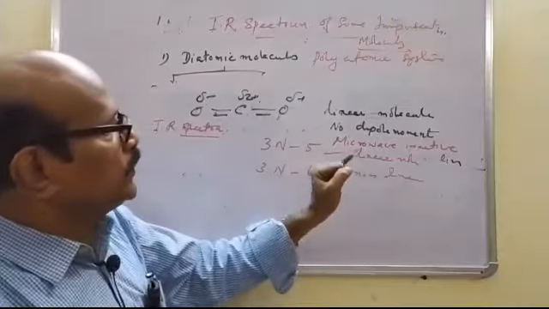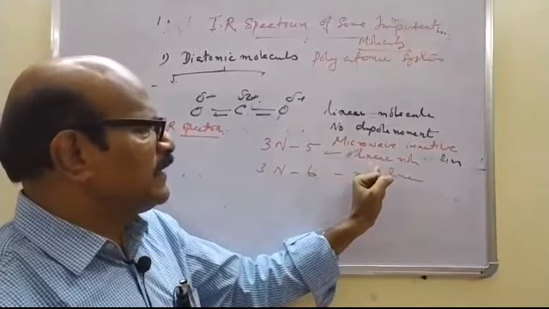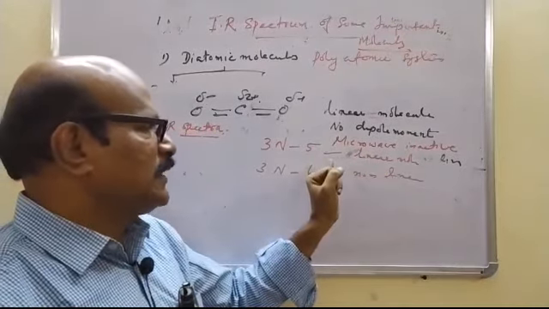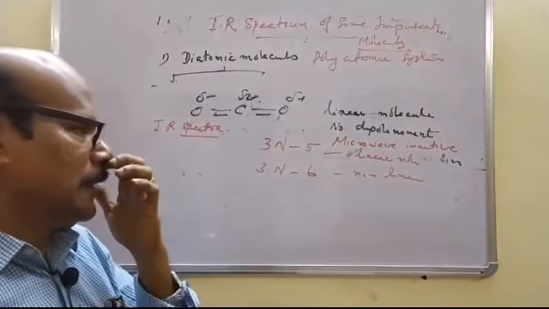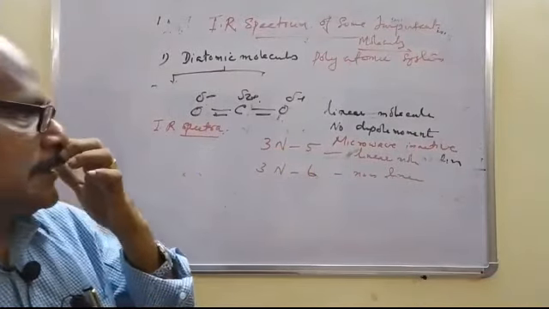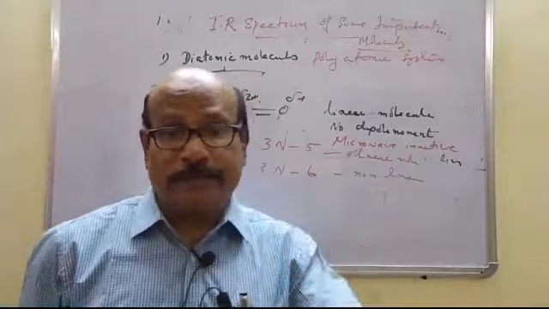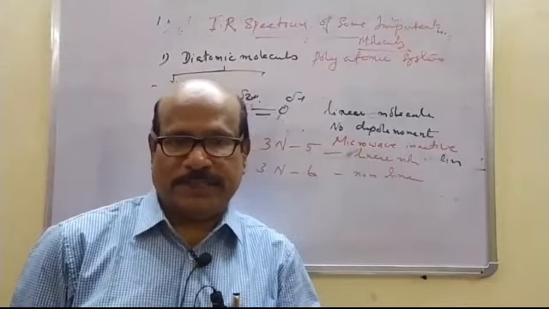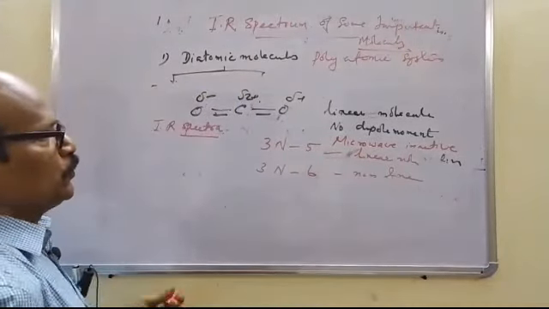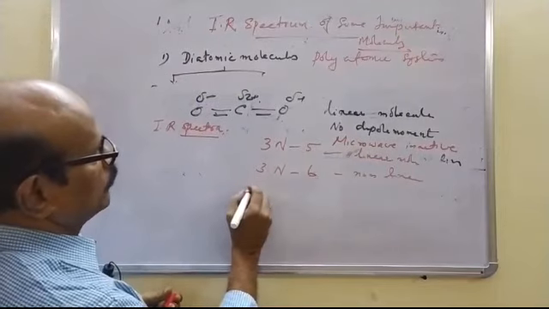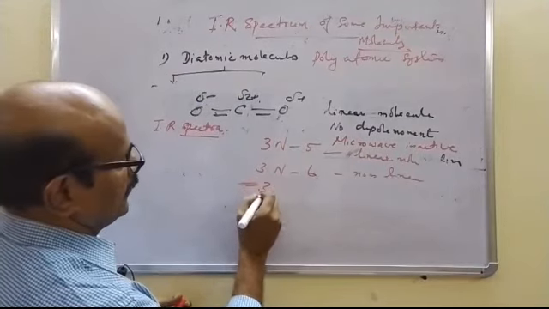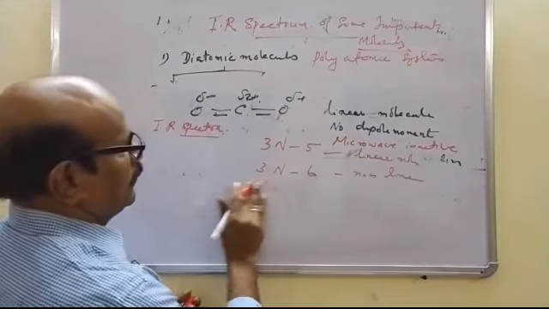പിന്നെ നോൺ ലീനിയർ മോളിക്യൂളിന് എന്താ ഉള്ളത്? ലീനിയർ മോളിക്യൂളിനെ സംബന്ധിച്ച് it has two rotations. So നോക്കൂ, 3 ആറ്റം, 3 into 3. അപ്പൊ നമുക്ക് എന്താ ഉള്ളത്?